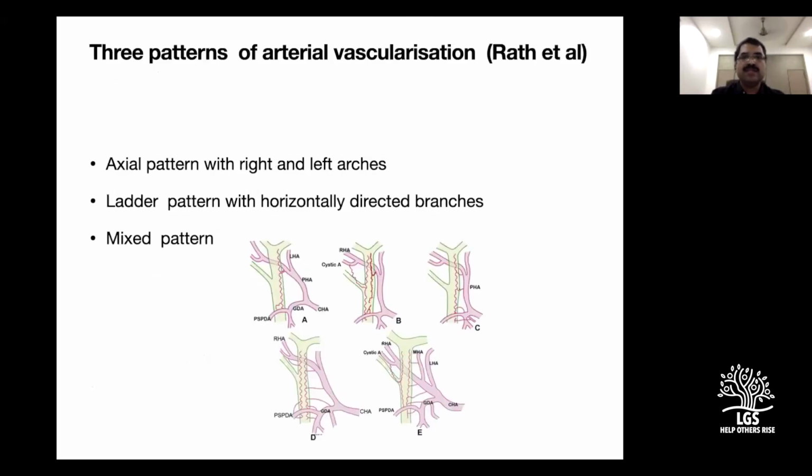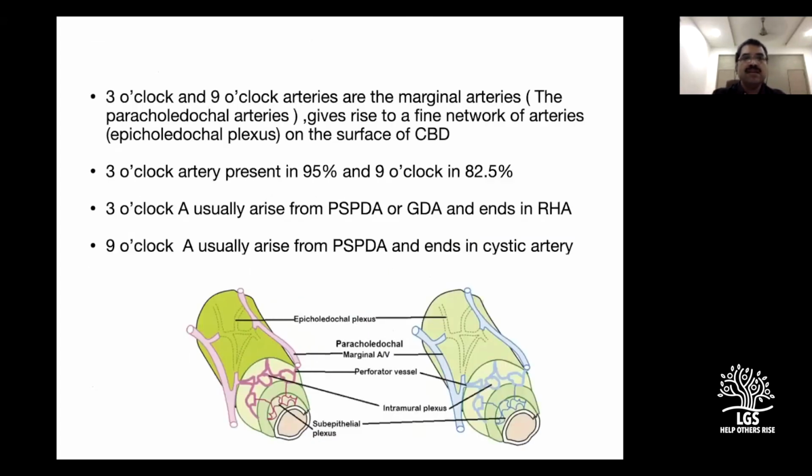So there are three patterns which I already mentioned. One is the axial pattern, with the right and left arches. Then you have the ladder pattern, where the right and left arches are interconnected by branches, and there is a mixed pattern. The 3 o'clock and 9 o'clock arteries are the marginal arteries.